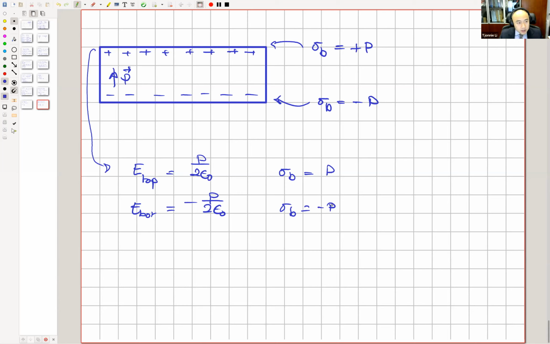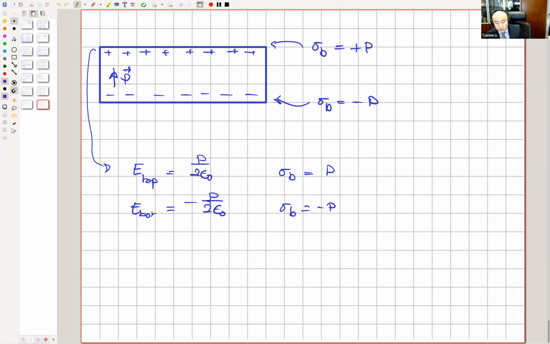Okay, so now we are in a position to see what's going on with the electric field. Like, what is the field caused by the polarization? If I take a point outside, well, we know what the electric field outside parallel capacitor plates is, which is just, I add these two things up, I simply get 0.